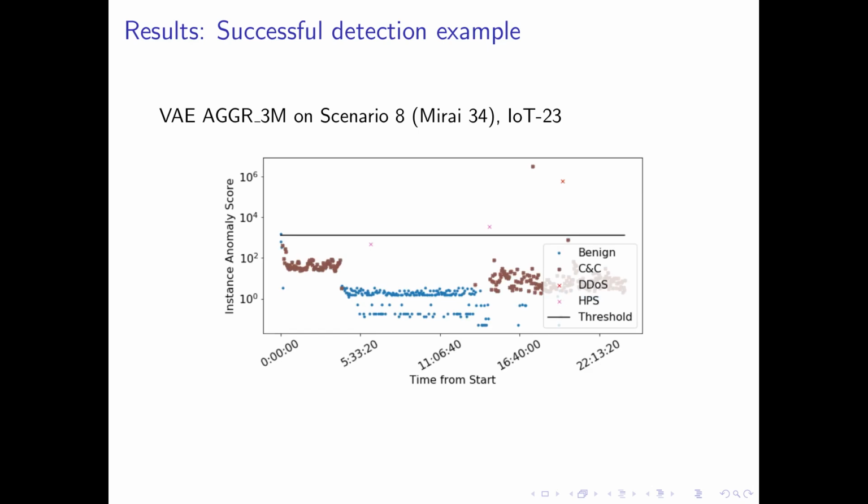But then this is in fact the very same model for another test attack, and you can see that although it does somewhat separate the attack and benign data points, again benign are blue, the selected threshold is inadequate for this scenario, and we miss a lot of this command and control communication.